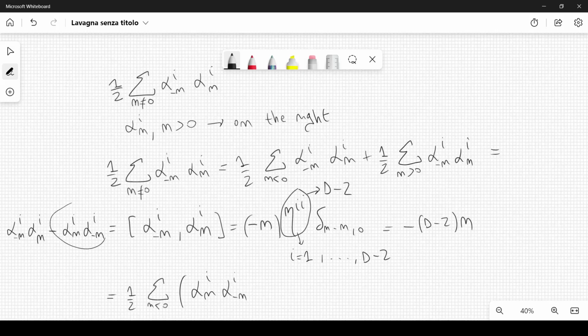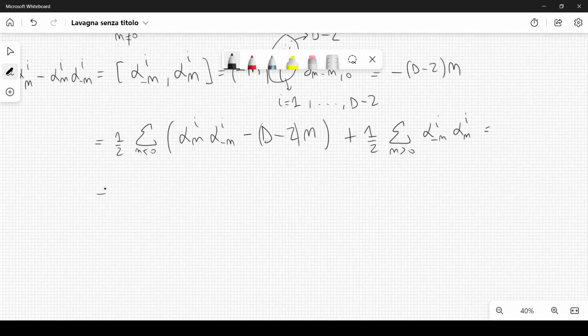So if we put this term on the right, we can rewrite this, which appears here, like this. So here we simply have to subtract d minus 2 times n, like this, and then we still get plus 1/2 summation over n greater than 0, α^I_{-n} α^I_n, and this is equal to this.